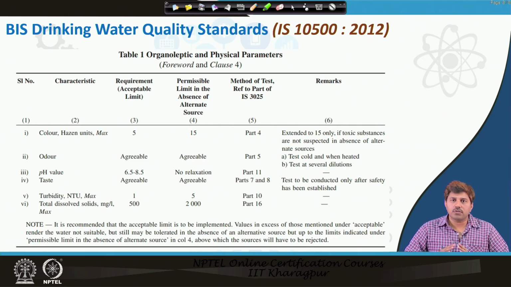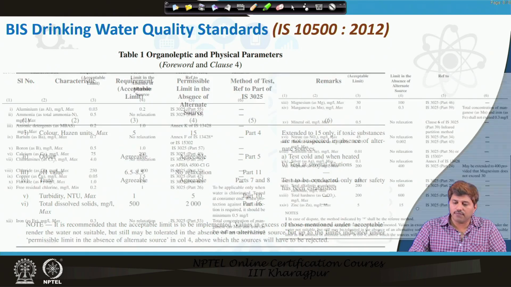If we are consuming water which is ultra pure, we are devoid of several important minerals which are essential for our growth. So, for drinking water, we do not want water to be ultra pure, and we do not want to remove even the essential minerals from water, and that is why we have a reasonably high limit of TDS 500 milligram per liter, which can even be relaxed up to 2000 milligram per liter if there is no alternate source available.